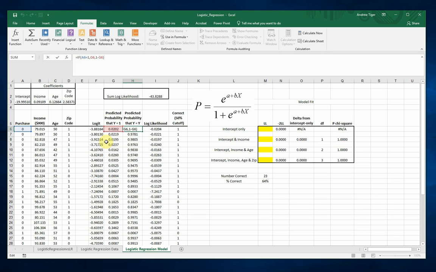All that is, is an IF statement: if this is 1, just take it, otherwise take 1 minus. You can see that these are all zeros, so these are all 1 minus these values. But for this one, they actually purchased it. That's the probability we're trying to predict, so we just bring it over.